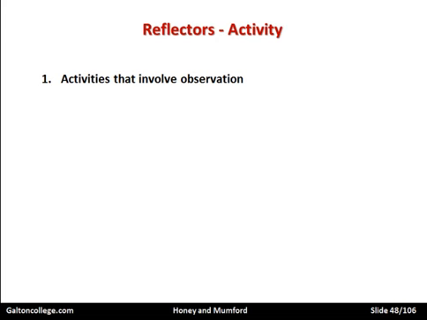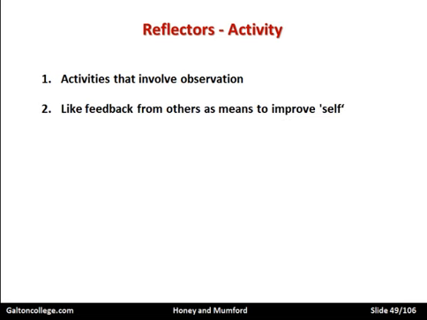The activities they tend to like are ones that involve observation. They look at situations and try to learn from what they see and from what they experience, but from what they see. They like feedback from others as a means to improve themselves.